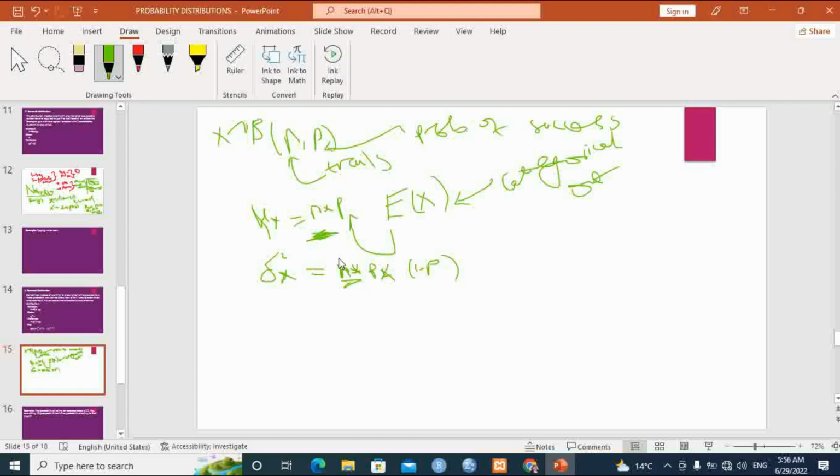So in both cases we can see that binomial is just an extension of Bernoulli, because binomial with n of 1 and p is what we have as Bernoulli.